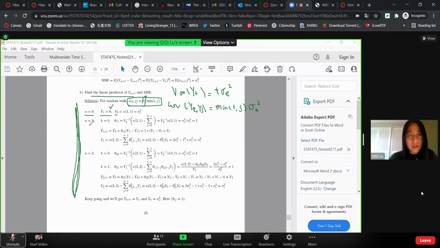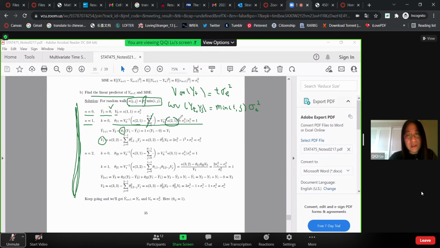And then we go to n equals 1. For n equals 1, we need to find this coefficient in V1, right? So this coefficient right here. V0 inverse times kappa 2,1, minus this sum, which is 0. So that's kappa 2,1 divided by V0.